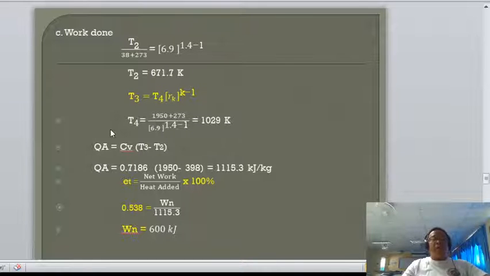So, knowing also that the thermal efficiency is equal to the net work over heat added, since we now have a value for the heat added to the system, we can directly compute the work done by the system. Substituting it now into the equation, the computed value for the net work is 600 kilojoules. Okay, so that ends our discussion today. Okay, thank you very much.